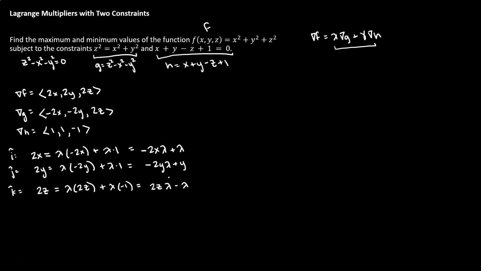Can you count them all? x, y, z, lambda, and gamma. So we need to add both constraints into this system of equations to solve. We'll have z squared equals x squared plus y squared as one constraint, and x plus y minus z plus 1 equals 0 as our fifth equation.